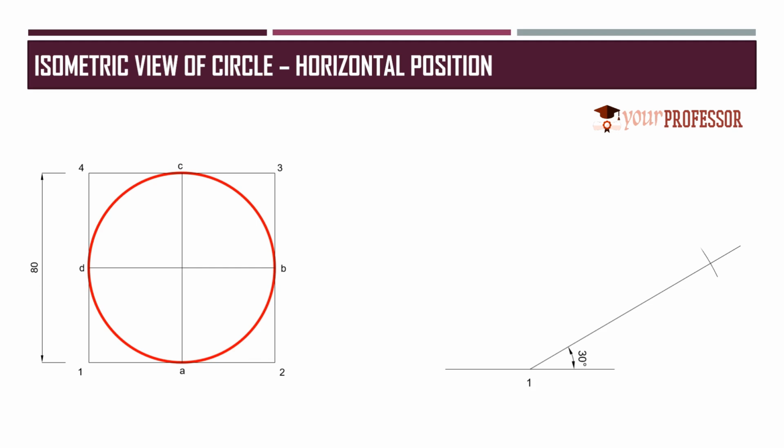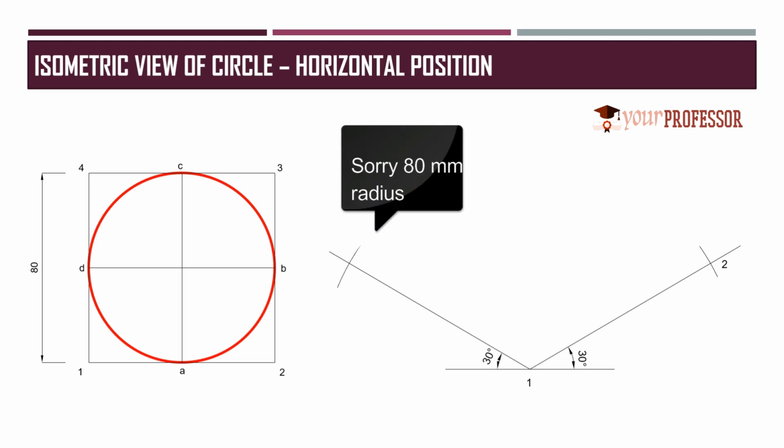So draw an arc by considering a radius of 80 mm, 1 as center, drop arc like that. That will be point 2. Now draw another line to the left hand side which is at an inclination of 30 degrees like that. Represent the point 4 by considering 40 mm as radius with the help of compass, 1 as center, drop arc.